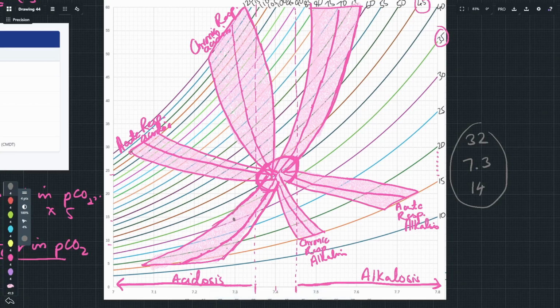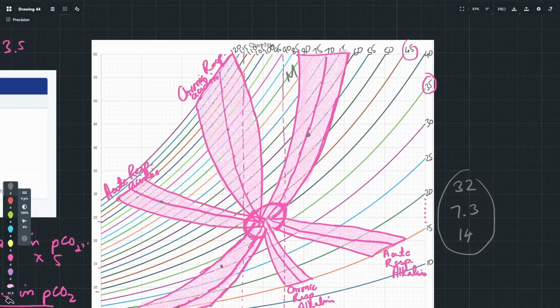And here you can see it is in the metabolic acidosis range. Similarly, I can draw the point anywhere, somewhat here, here, here, or wherever, and you will exactly know which disorder this is, right? It's very easy, right? So this is, by the way, metabolic alkalosis.